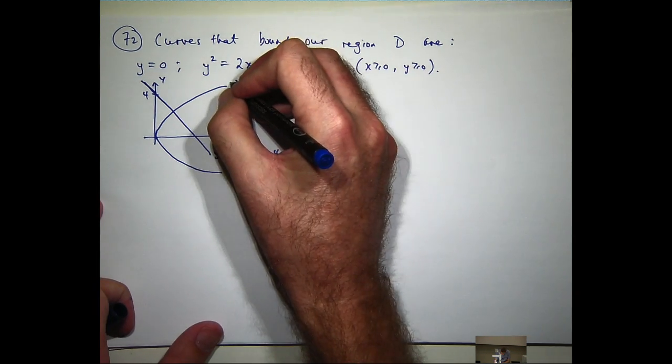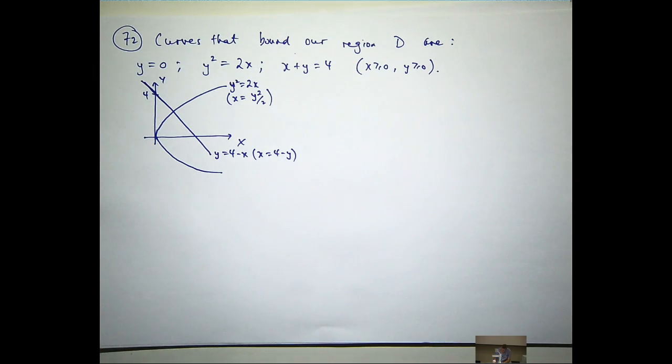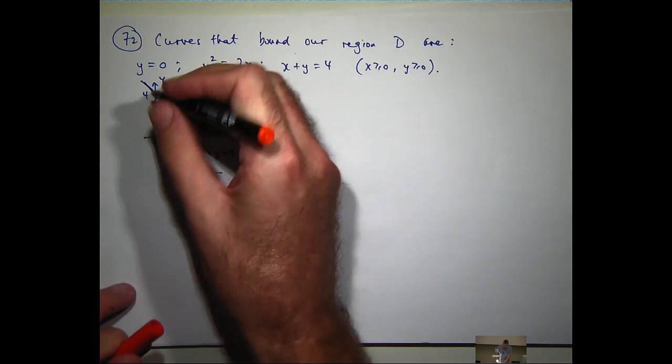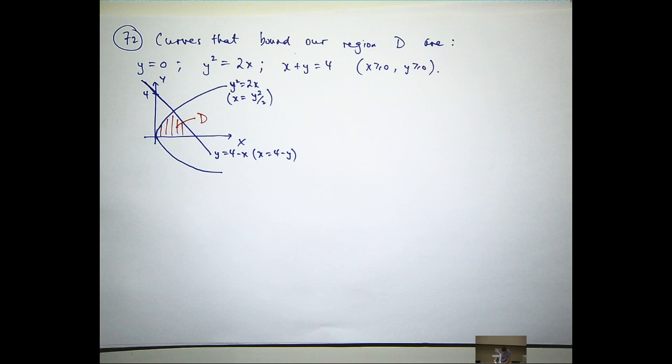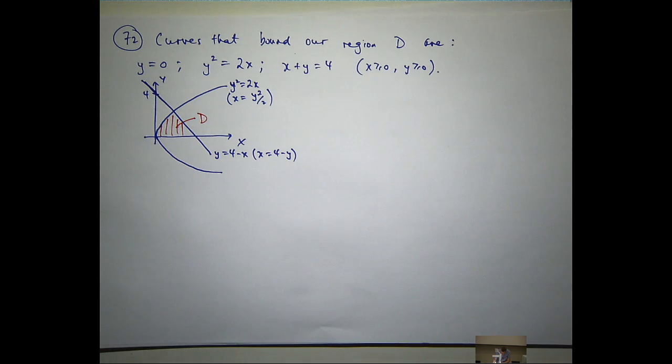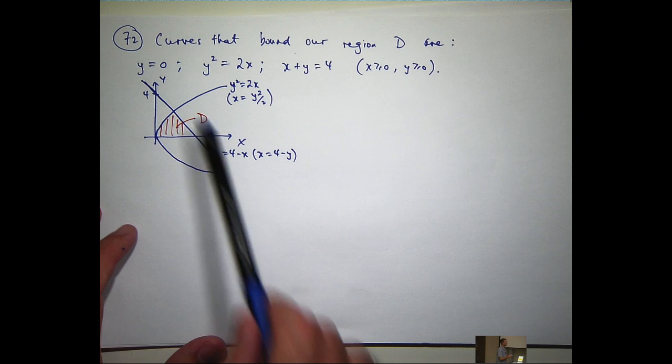So where's our region of integration going to be? Or our region of interest. It's going to be in here. Now, if we're going to integrate over this region, we need to know a few of the points of intersection.